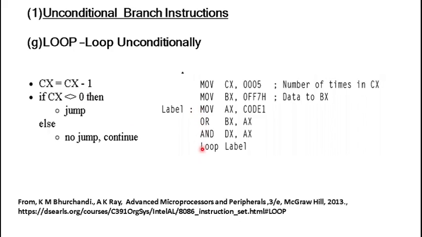Then again sequential execution up to the loop portion will happen, then again the decrement operation of CX, checking whether CX is not 0. If it is not 0, the jump will happen again. Suppose that CX is 0, what happens? We won't jump back to the label. We will proceed to the remaining portions of the code which follow the statement containing the loop, if any. So no jump, we will just continue the sequential flow. That's how the loop instruction works.